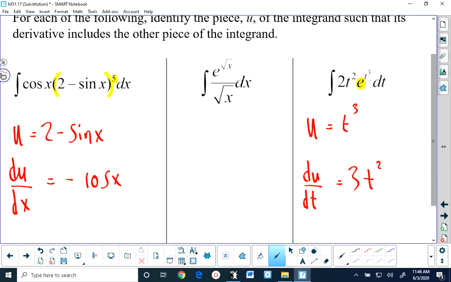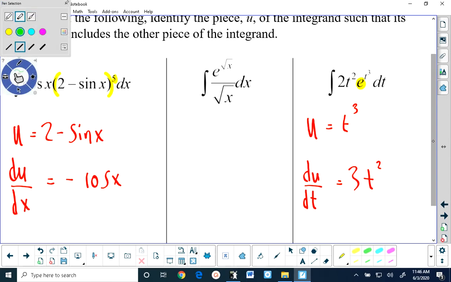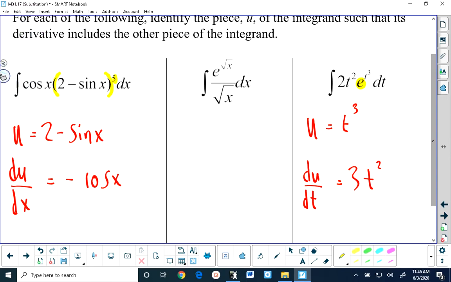And what is important is that the part that was not chosen is contained inside of the derivative of the part that was chosen. Over here, the part that was not chosen is contained within the derivative of the part that was chosen. We're not going to worry just yet about that 2 in our integrand in the third case, and we're not going to worry about the fact that there's a negative in our derivative in the first case.